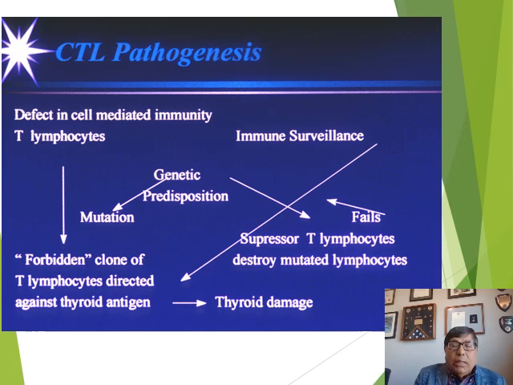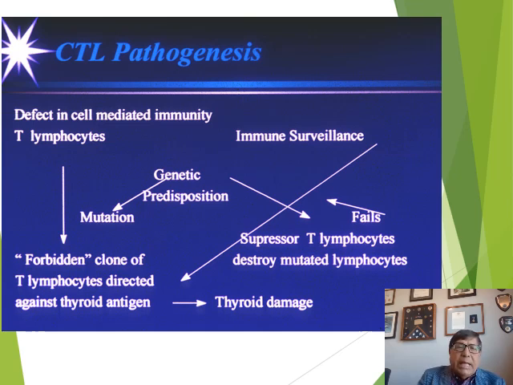And when the thyroid is damaged, the inside cellular components like microsome and thyroglobulin come to the circulation, and anything which comes to the circulation is considered a foreign body, and the body produces antibodies against them. So that's as simple as that. So you will find anti-thyroglobulin antibody and antimicrosomal antibody, which is also known as thyroid peroxidase antibody. Now let's see what is the big problem here.